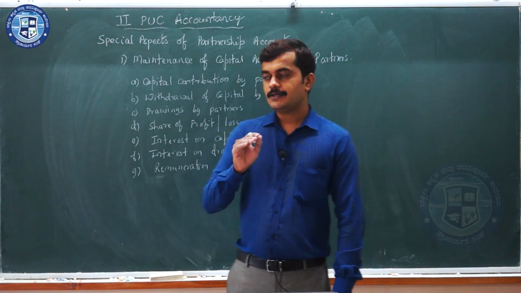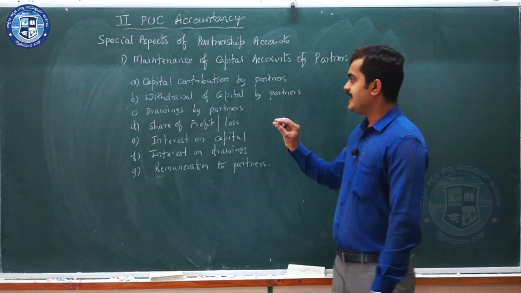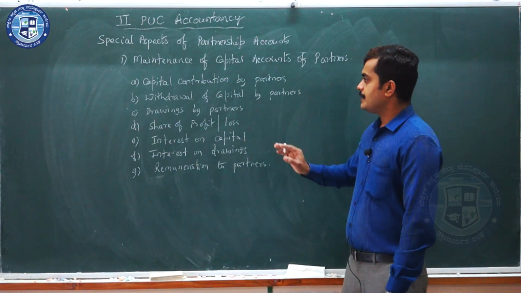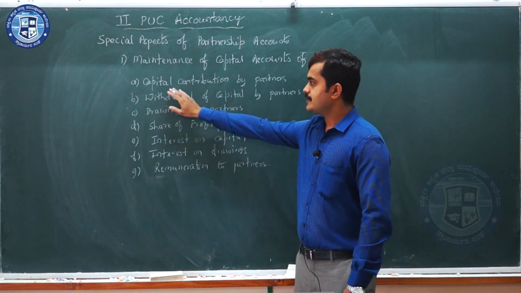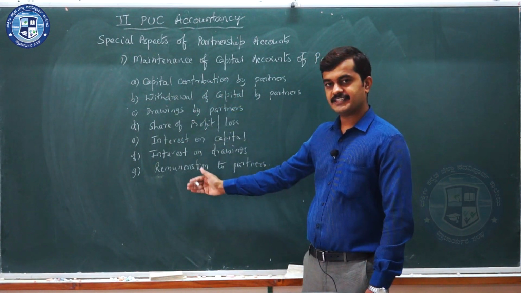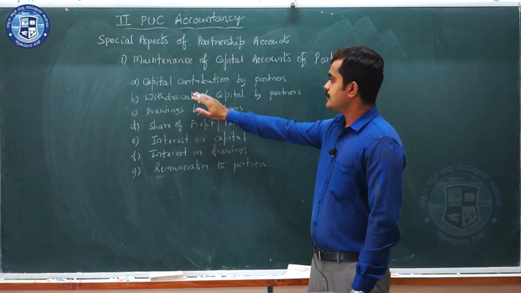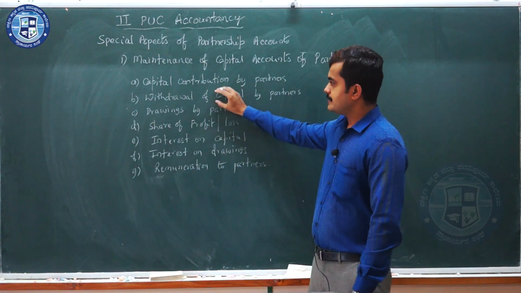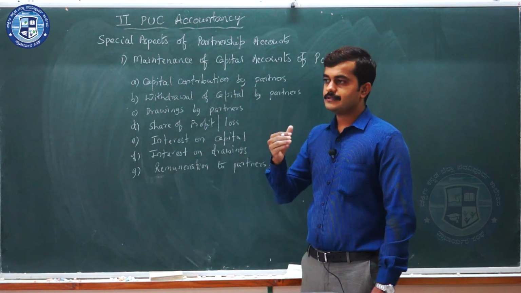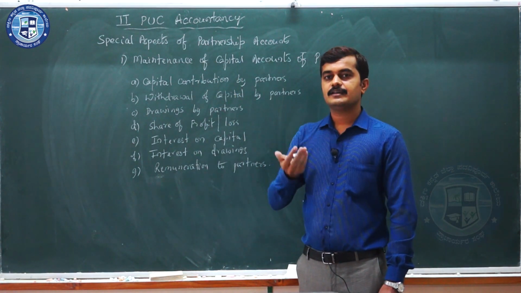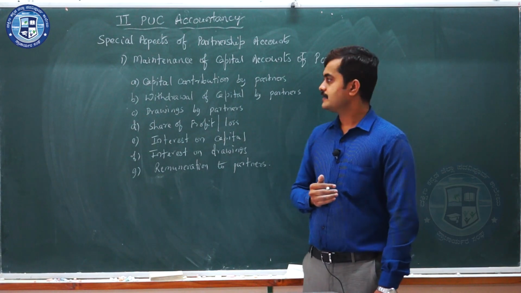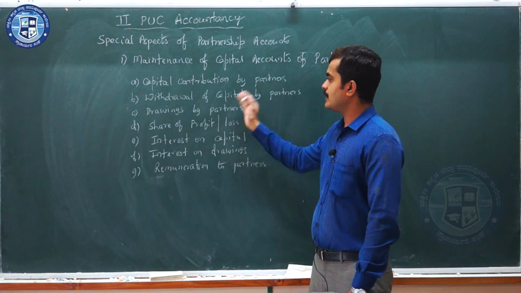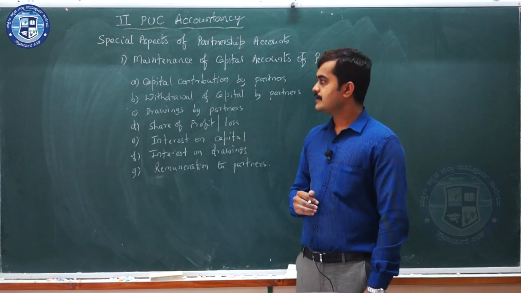Here let us understand the nature of these transactions. Coming to the first 2 transactions, or we can call them adjustments also, they take place very rarely in the firm, that is, capital contribution by partners and withdrawal of capital by partners.